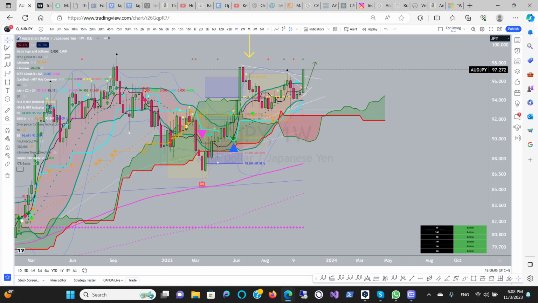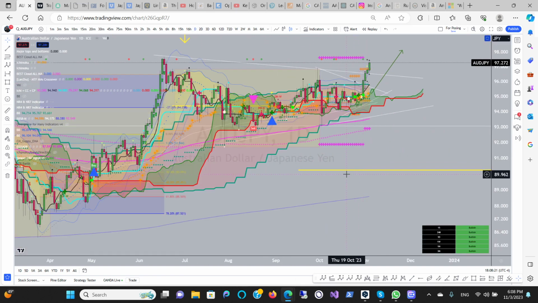So my stop loss was around 90. This level here, that's my stop loss. If you go to the daily chart, you can see it very far away, all the way down here. And I put in the 1% risk.